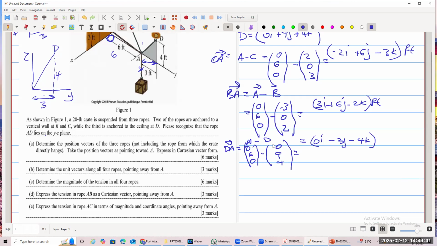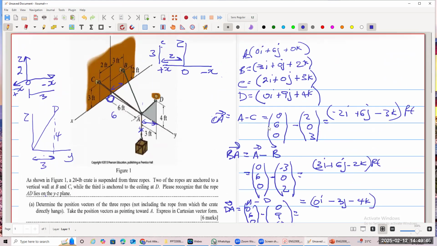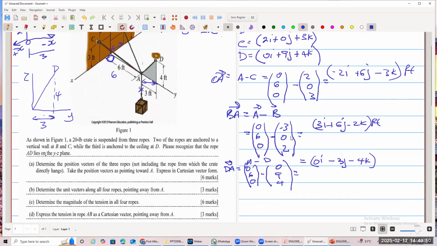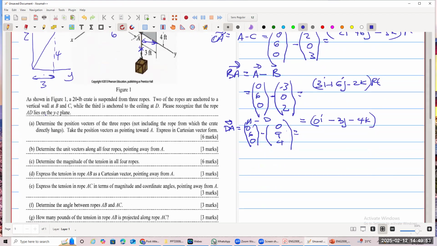You need the position vector, but the position vector must be pointing away from A. We just found them going to A, so you're going to reverse each position vector.